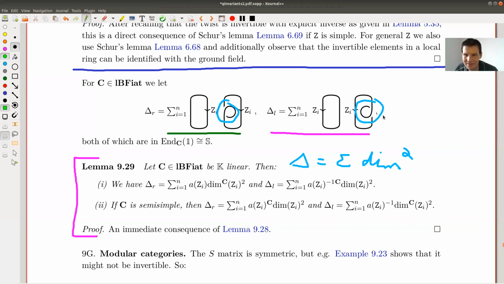It has those funny Reidemeister scalars turning up, maybe with inverses, maybe without, for the right and the left version. But it's basically the sum of dimension squares, whatever.